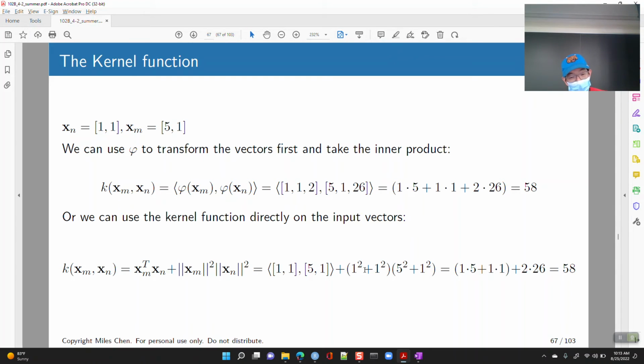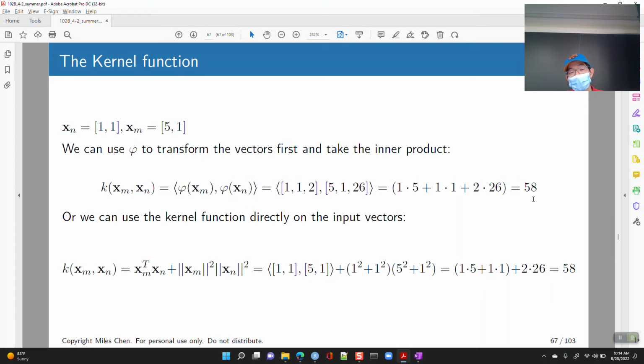And so I'm going to end up getting, over here is 6, and I have 2 times 26, and I get 58. All right, so here I get the result for comparing one point to another point. I get this value 58, versus over here I transformed them into 3D, and then I took the inner product, and I got the same result, 58.